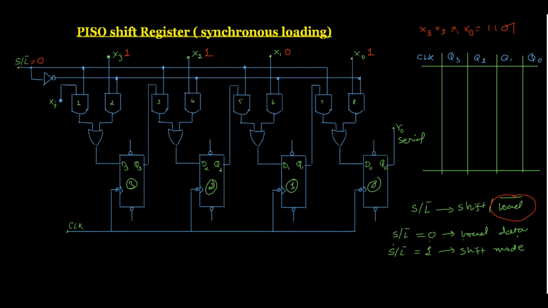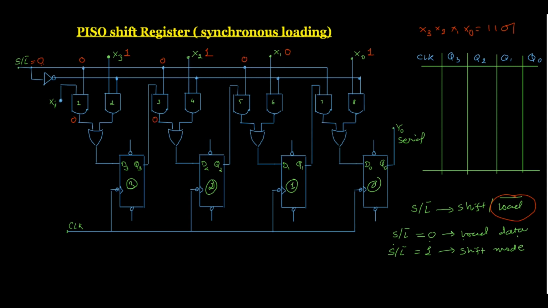Now when this line is 0, it is connected to gate number 1, as well as gates number 3, 5 and 7. So here this input is 0, so the output of gate 1 will also be 0 because it is an AND gate. Here this one is 0, so the output of gate number 3 will also be 0.